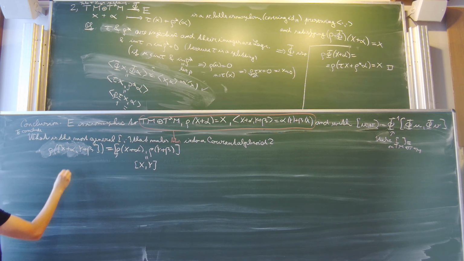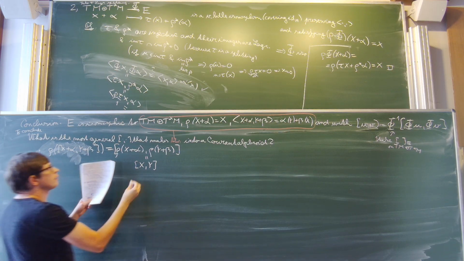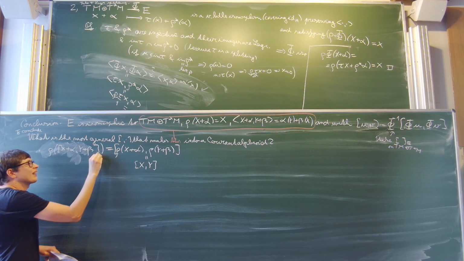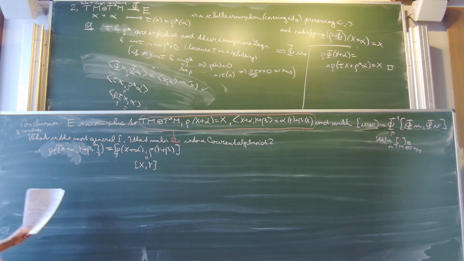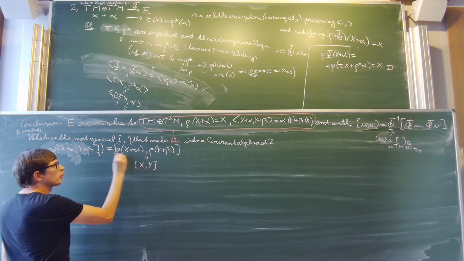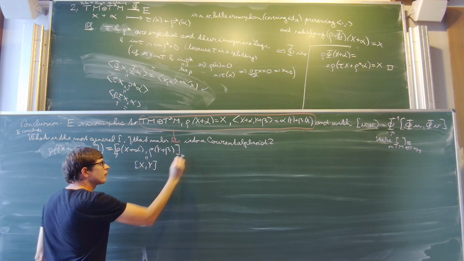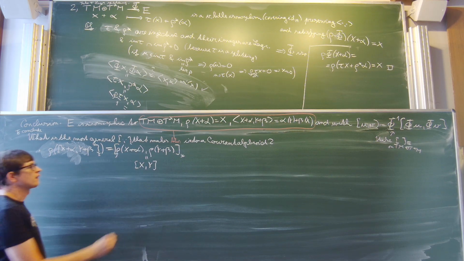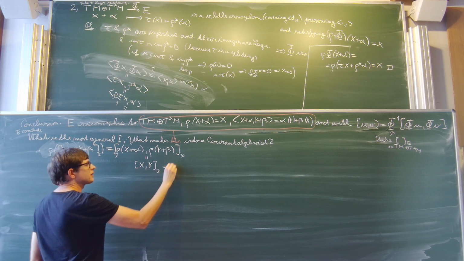While here on the right hand side, it is probably the right time to distinguish things, so let me put in the subscript. This is the bracket on E, the one that we are looking for, while the bracket on the right hand side is the bracket of commutator vector field, or otherwise the linear vector.